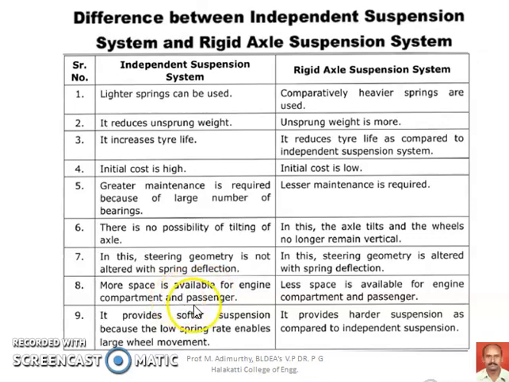And since it occupies less space, more space is available in the engine compartment in case of independent suspension system, whereas relatively less space is available in the rigid axle suspension system. Independent suspension system provides a better and softer suspension because of the low spring rate and large wheel movements, whereas the suspension is harder in case of a rigid axle suspension system.